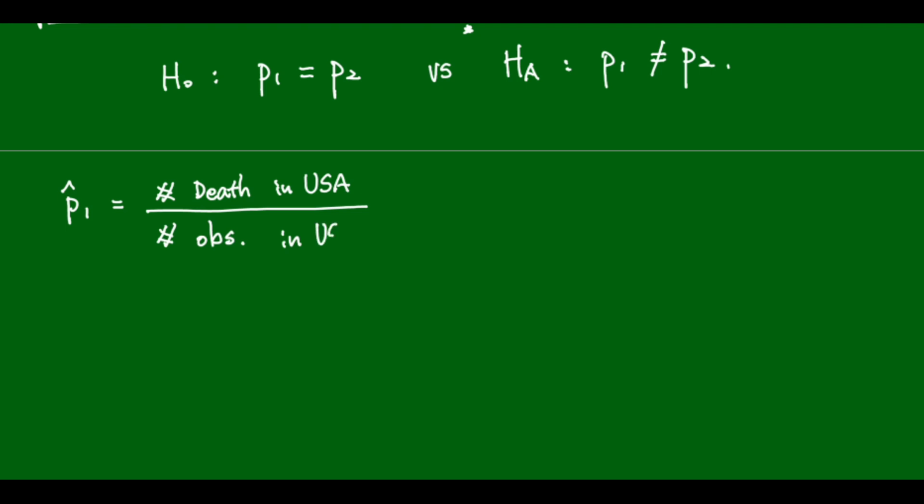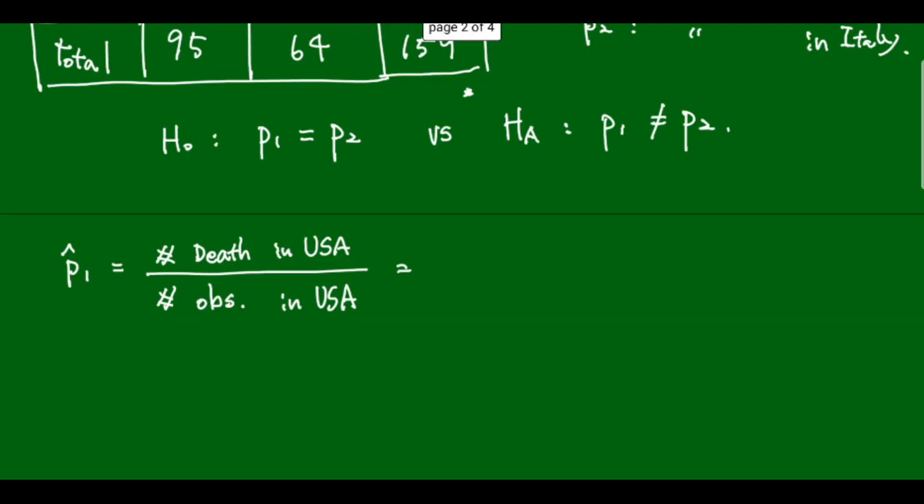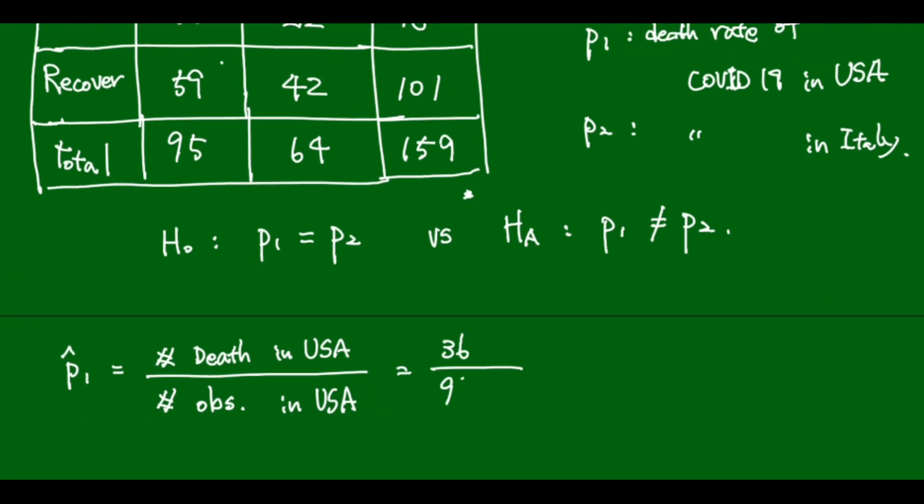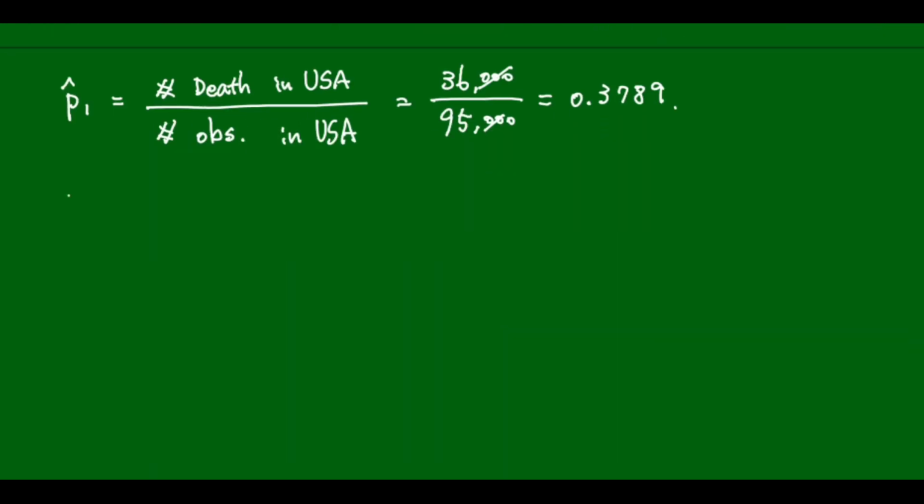So here we have 36,000 divided by 95,000 observations, but the thousands cancel, right? If you calculate this, I get 0.3789.